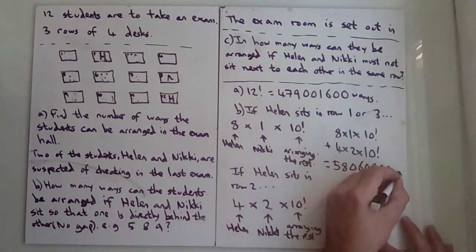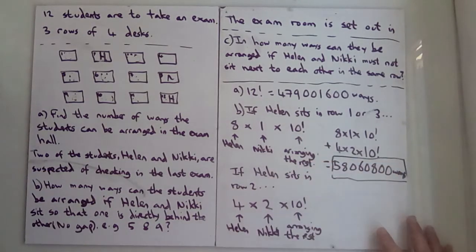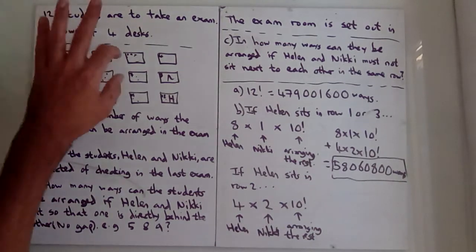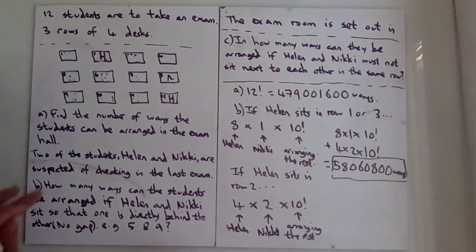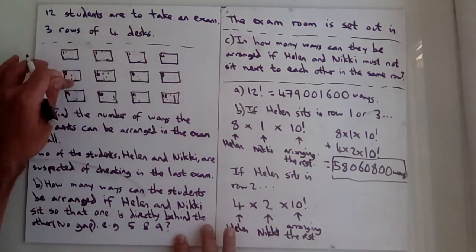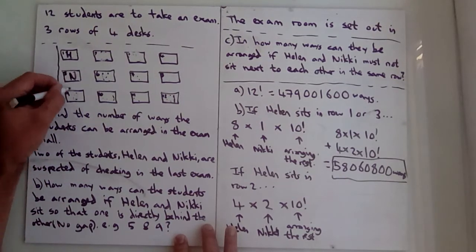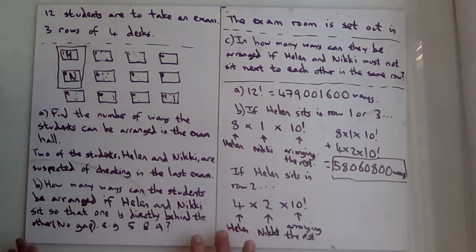That's how many ways. Right, there is another way we could have done this. You could have looked at how you can place this Helen Nikki block. Because they need to sit one behind the other, you could make an HN block like that, so tie them together, and think, well, how many ways can this block be organized?